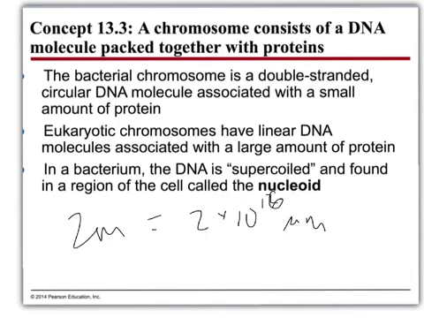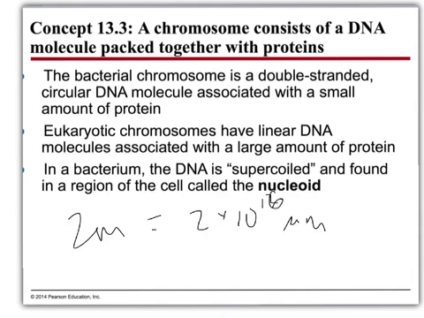Eukaryotic, much bigger. Millions of base pairs more than bacteria. Okay? We said that bacterial chromosomes are much more simple. No proteins. There's no need for packaging because they're so small. Okay? So they're not associated with proteins. All right? Eukaryotic chromosomes are associated with a large amount of proteins because of the packaging that they have.